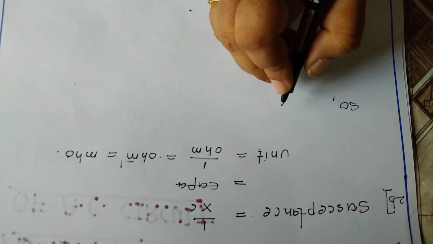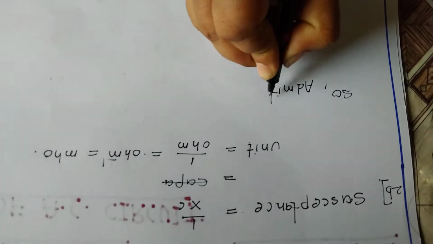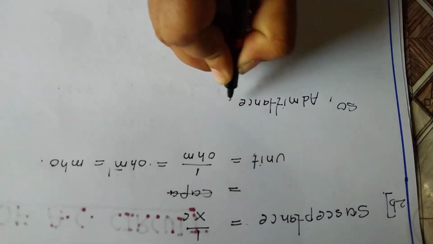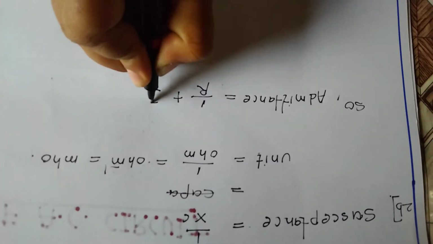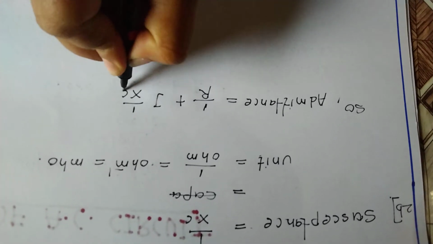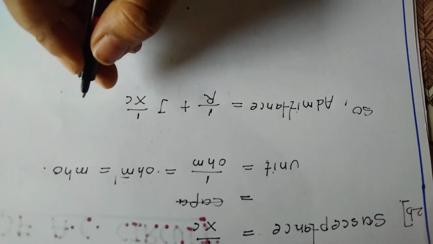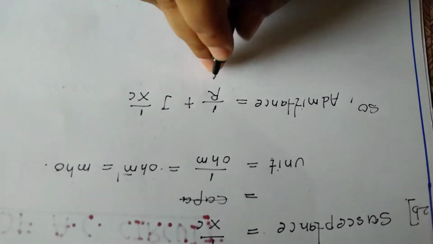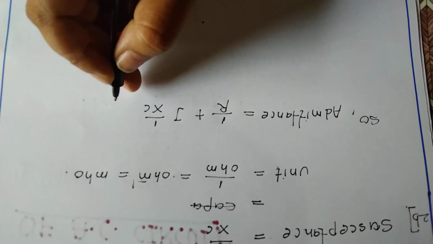So admittance can be written as 1 by R plus j into 1 by Xc, which means conductance plus j into susceptance. Conductance is 1 by R, and susceptance is 1 by Xc.